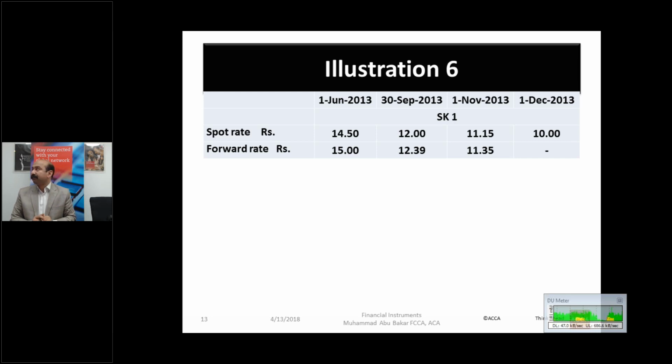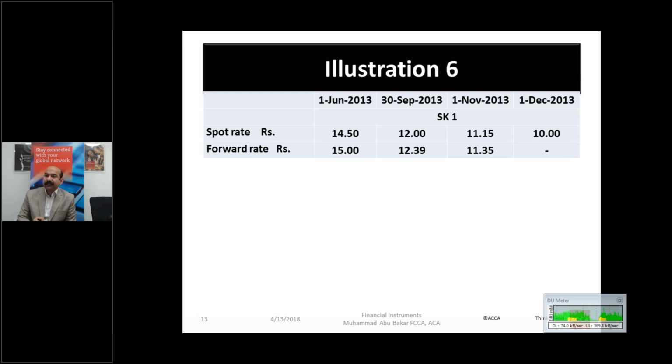Then on 30th September, which is the year end of the company, the spot rate moved to 12, and the forward rate for the same time period is 12.39.